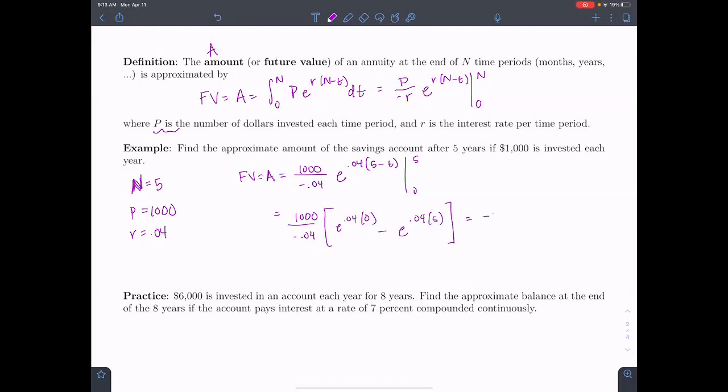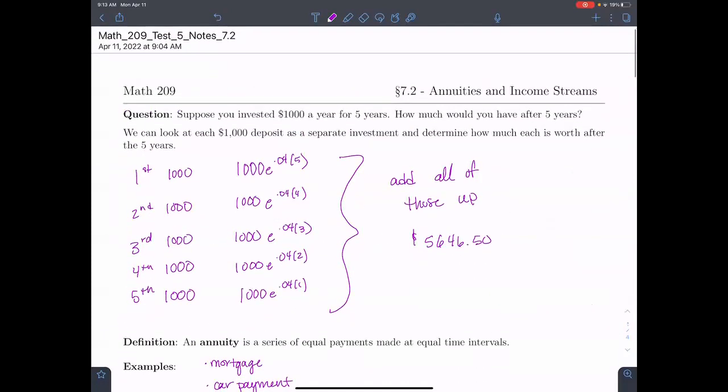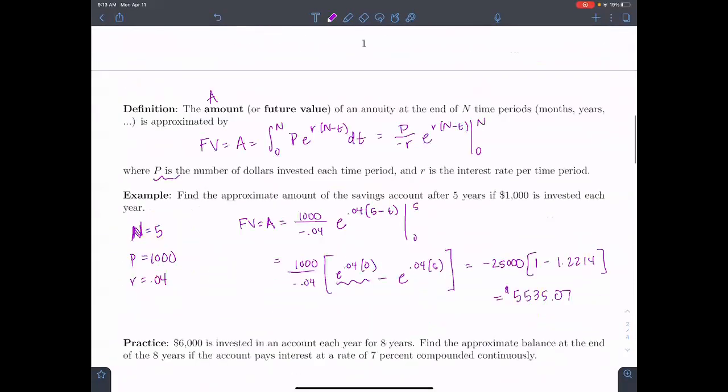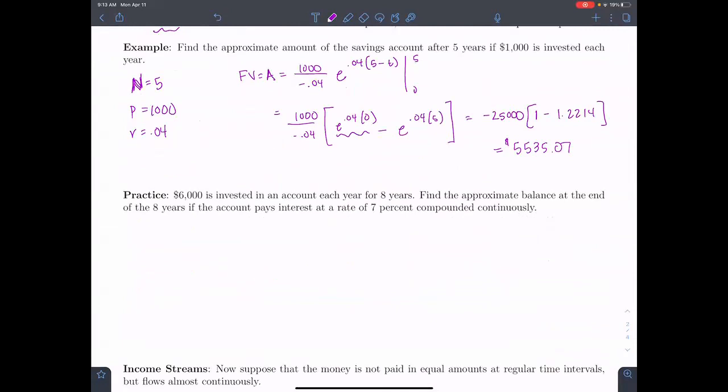This is negative 25,000 times (1 minus 1.2214), which is 5,535.07. This estimate of 5,535.07 is pretty close to what we got earlier, 5,646.50. So that's good. The integral helps us to estimate that value.